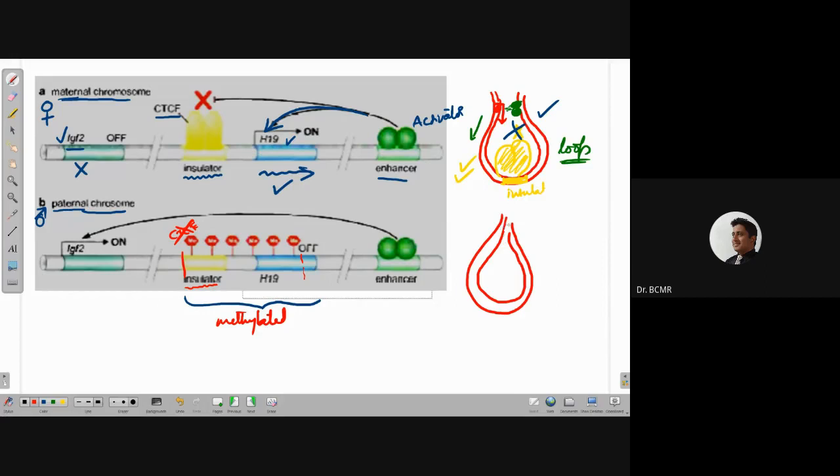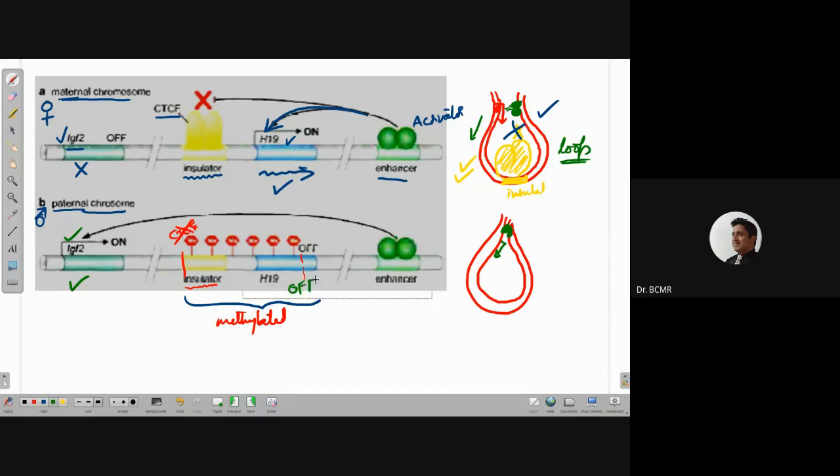Because there is nothing physically obstructing the looping. You will have the interaction, because of which you will have the transcription of IGF2. That is especially because the activators are able to interact with IGF2. So IGF2 is on, but H19 is off.